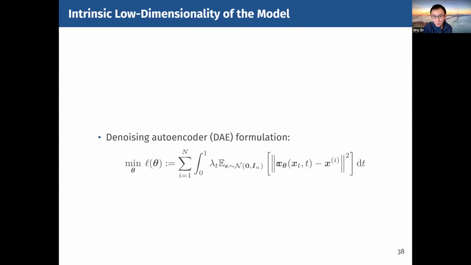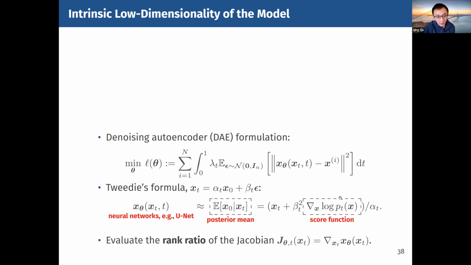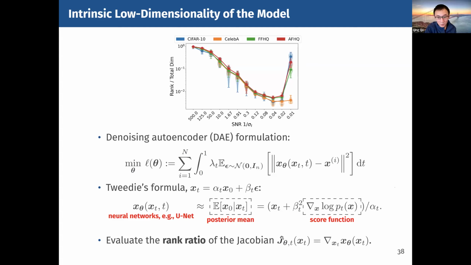We consider using a neural network to directly predict the clean image from a noisy image xt. The reason we consider this is because of Tweedie's formula: there is an equivalence between posterior mean estimation and score estimation. We also evaluate the rank ratio of the Jacobian once we have learned the DAE network. What we find is that if you look at the intrinsic dimension of this DAE network, it is also very low dimensional.